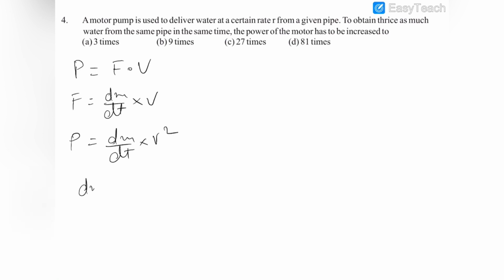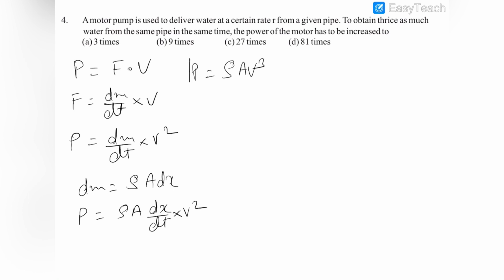Now dm can be written as rho dV, and dV is the volume, and the volume of water flowing through this pipe of cross section area A can be written as A dx, the elemental volume. So power is rho A dx by dt into v square. So dx by dt is also equal to velocity. So power is rho A v cube.